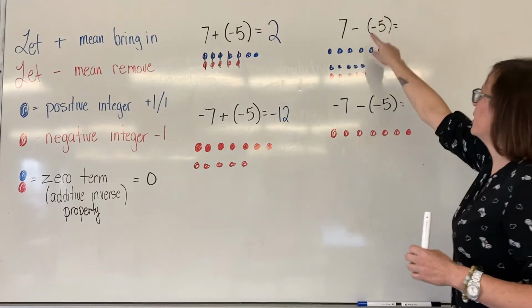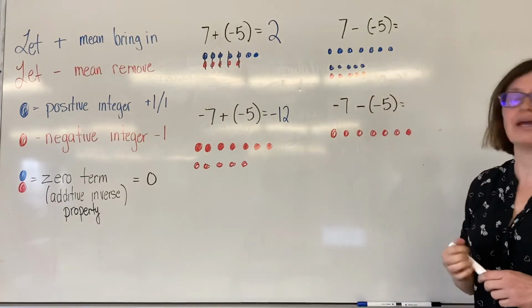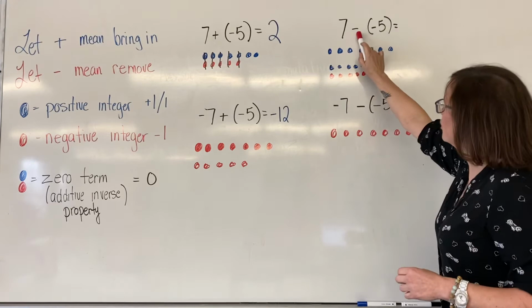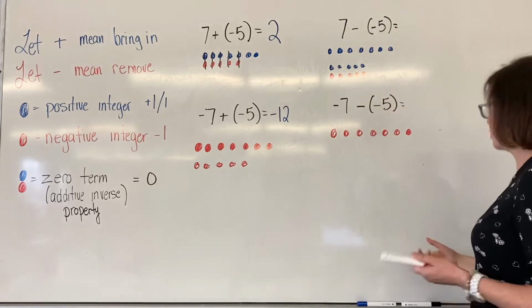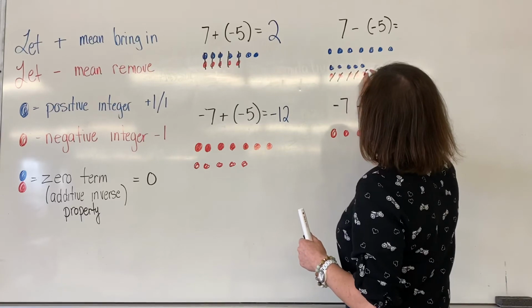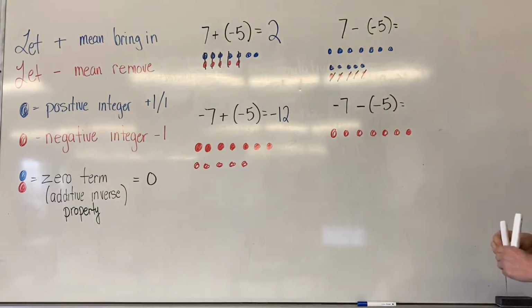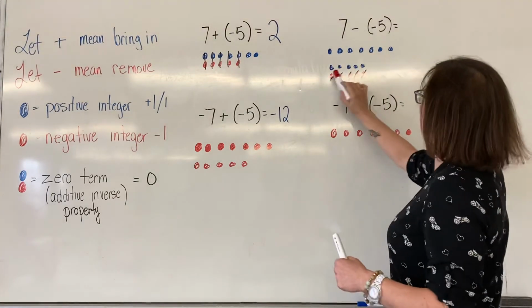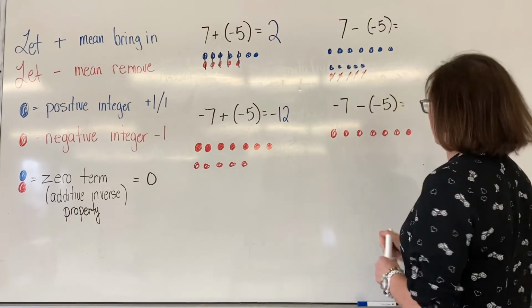But now I can do this equation. +7, remove 5 negatives. So I'm going to get rid of my negatives. And what am I left with? I count up my remaining terms. 7, 8, 9, 10, 11, 12.